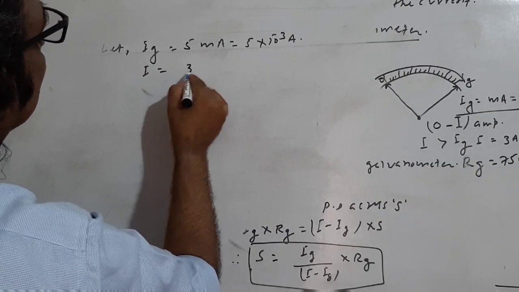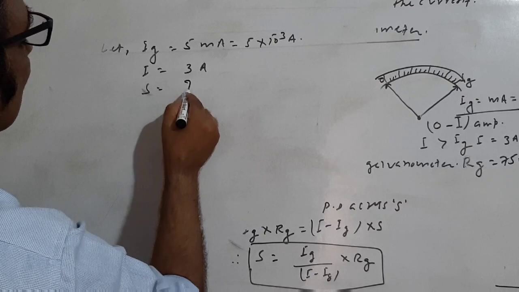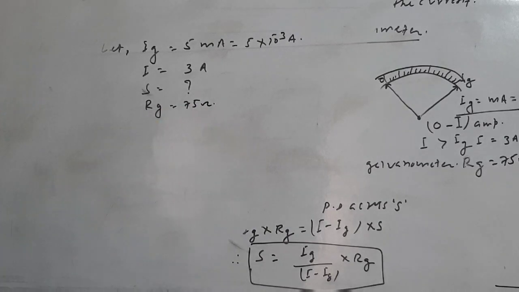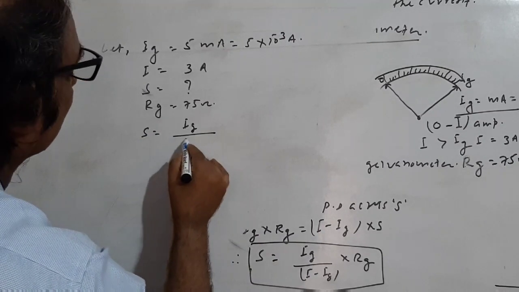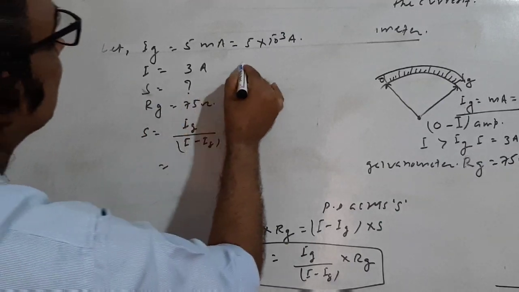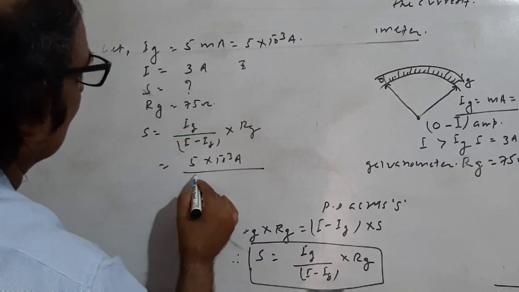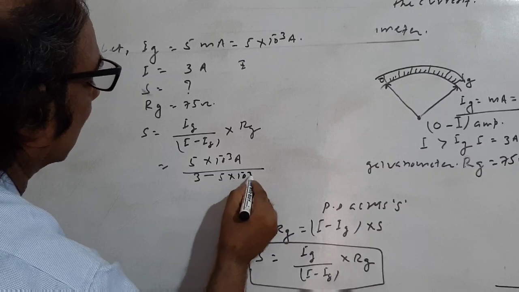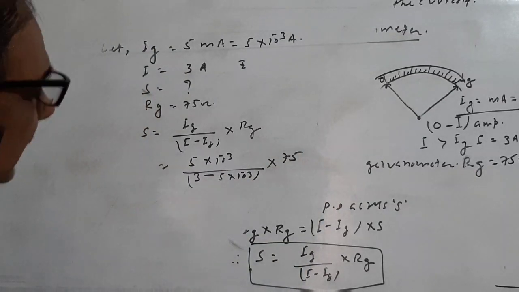I equals the range, that is 3 ampere. If you want to make this range, you will place a shunt and you have to find out its value, where the resistance of the galvanometer equals 75 ohm. So using the formula S equals Ig by (I minus Ig) into Rg, with Ig 5 into 10 to the power minus 3 ampere, the range 3 minus Ig 5 into 10 to the power minus 3, and the value of the resistance 75, it can be calculated.